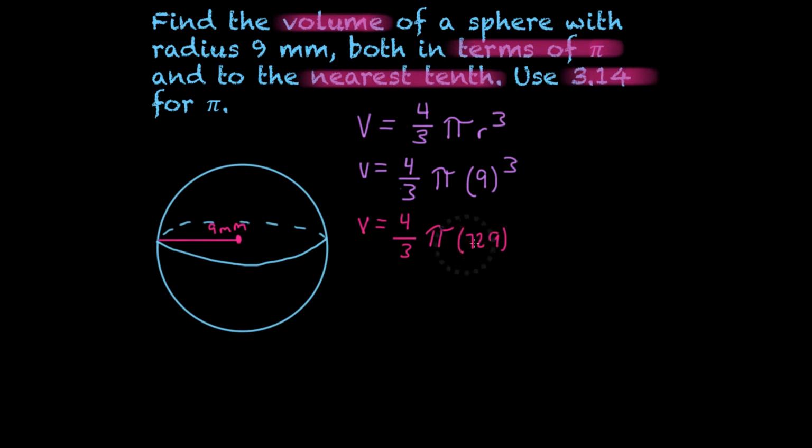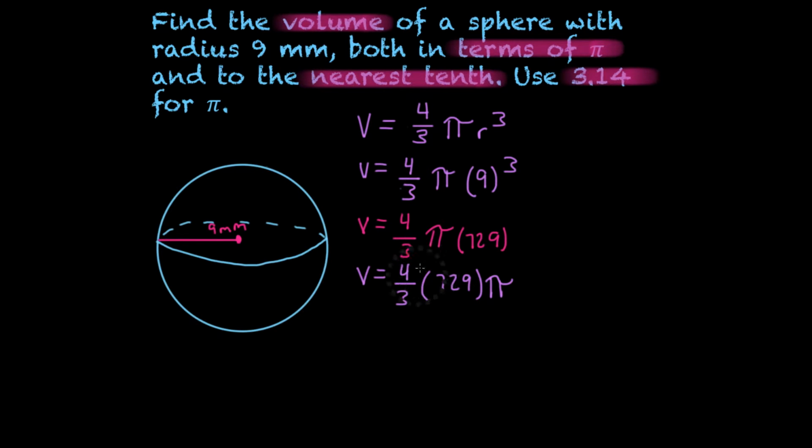Now since I'm trying to solve in terms of pi, and I still have to simplify this formula some, I'm going to use the commutative property and shift the 729 over to the left-hand side, in between 4/3 and pi. So let's rewrite this as volume is equal to 4/3 times 729 times pi.